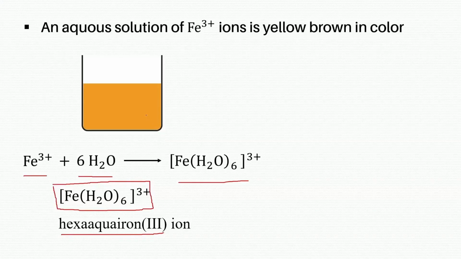This yellow brown color is due to this complex ion. Now you can clearly understand the reason for the yellow brown color. We will see the shape and the structure of this complex ion.